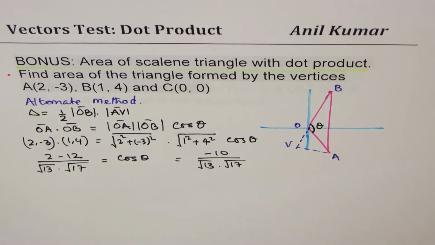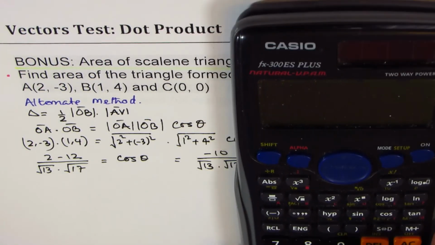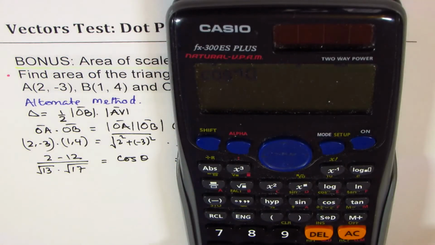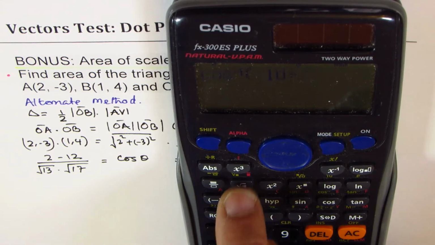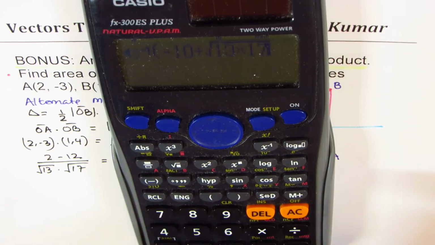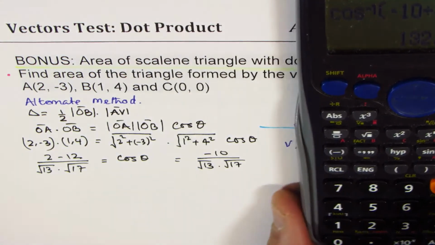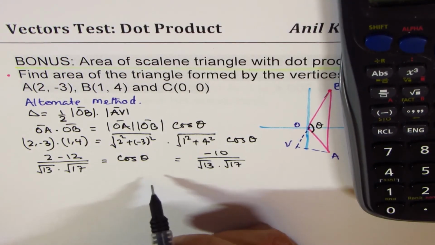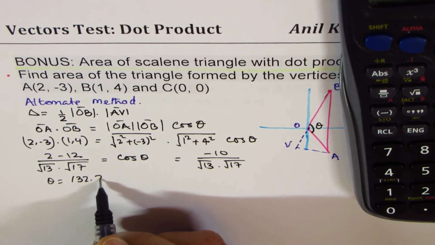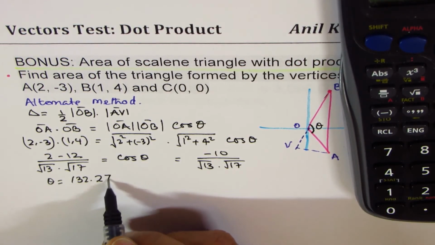Now, from here we can find what angle theta is, right? So theta is cos inverse of minus 10 divided by square root of 13 times 17, bracket close, equal to. That gives you theta equals 132.27 degrees.